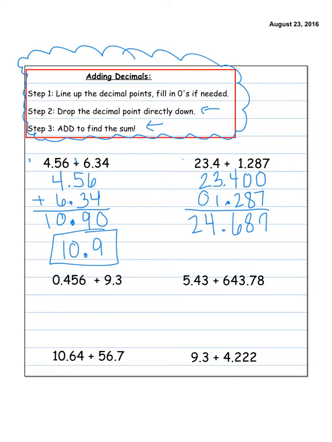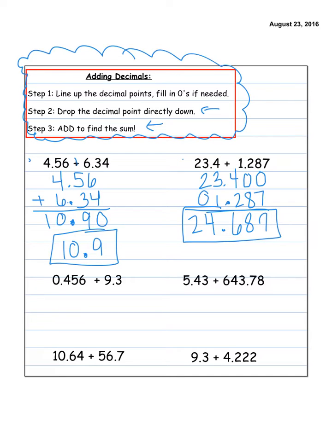I could have put a 0 in here as well. My answer is then going to be 24 and 687 thousandths.